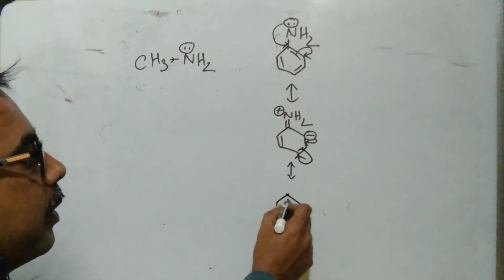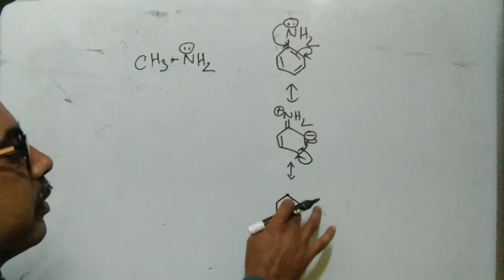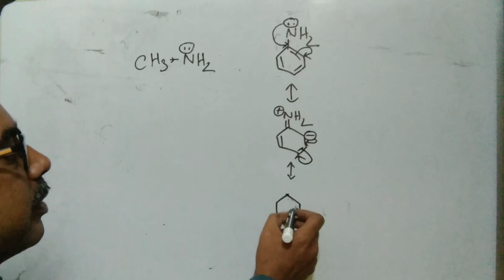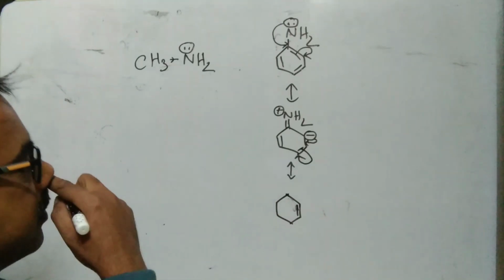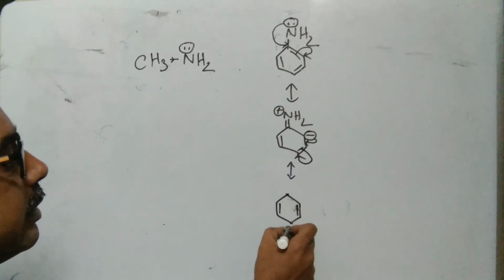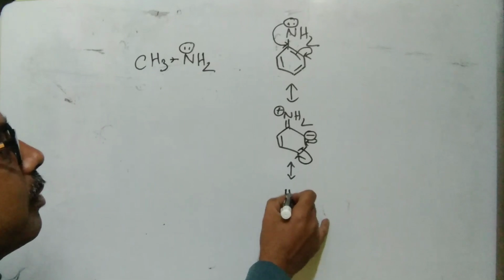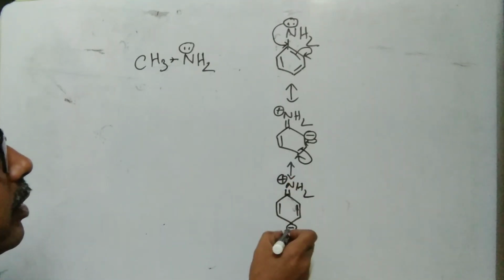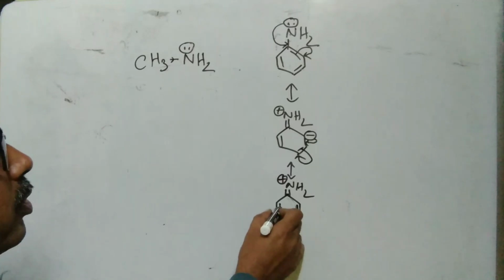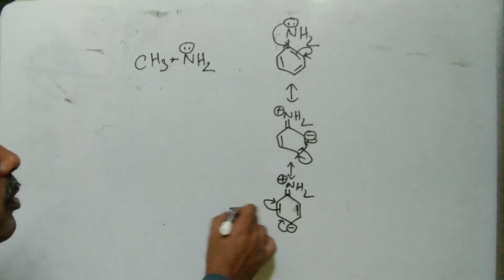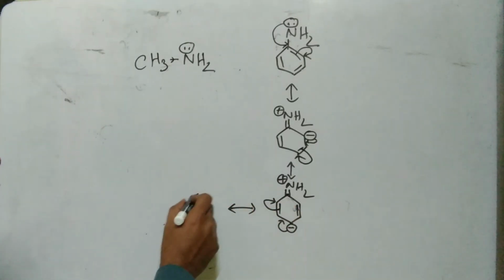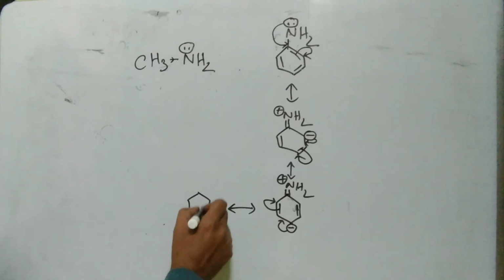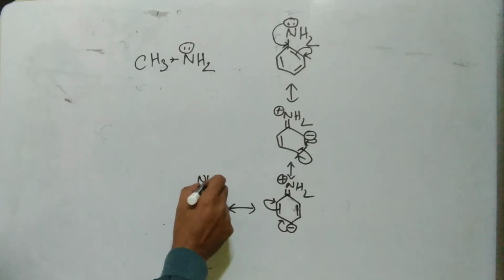Here no pi bond is there, a pi bond is forming here, a negative charge and a double bond with NH2 plus. Nitrogen is carrying a positive charge, and the negative charge makes a double bond and makes a negative charge again, and this is the basic idea of resonance.